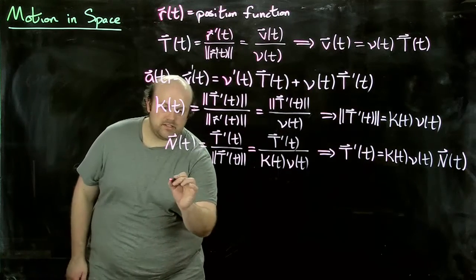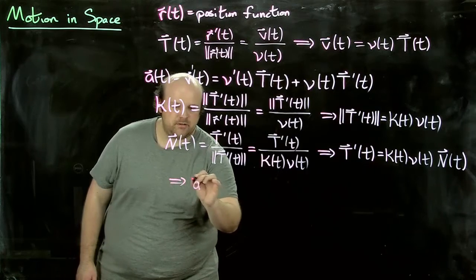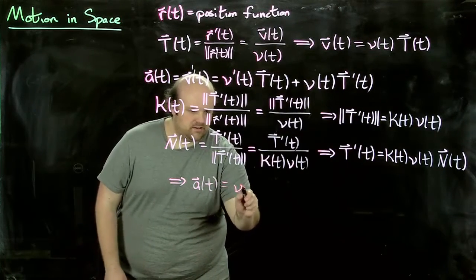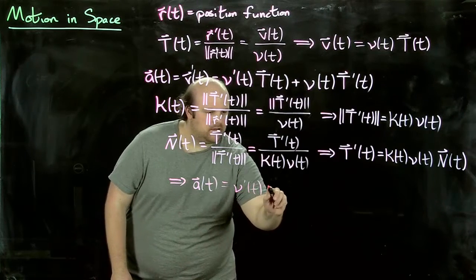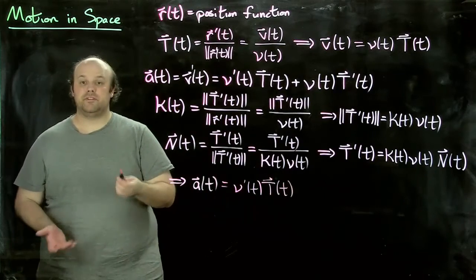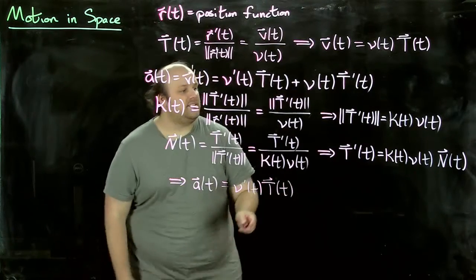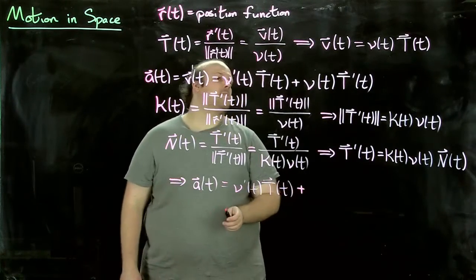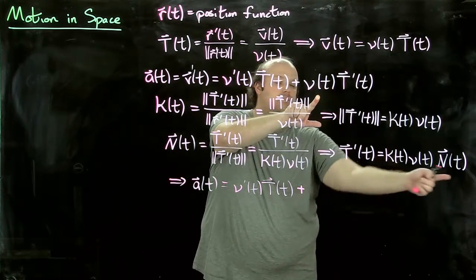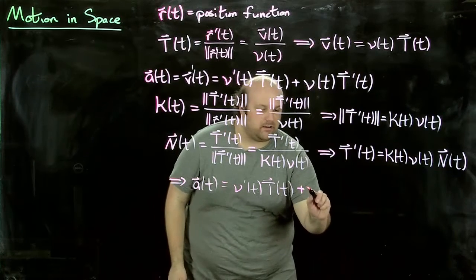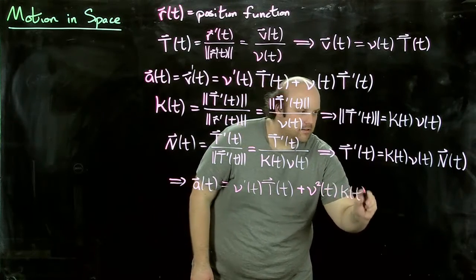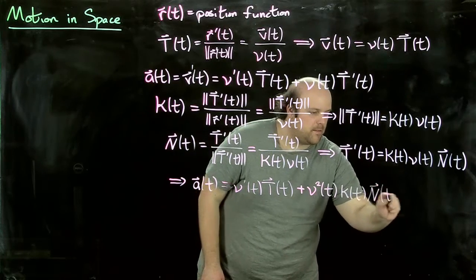So the acceleration of t is nu prime of t times the unit tangent vector plus, well, we have nu times kappa nu N. So what we're going to get here is nu squared of t, kappa of t, N of t.